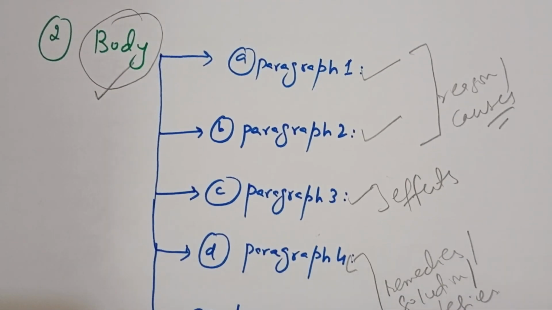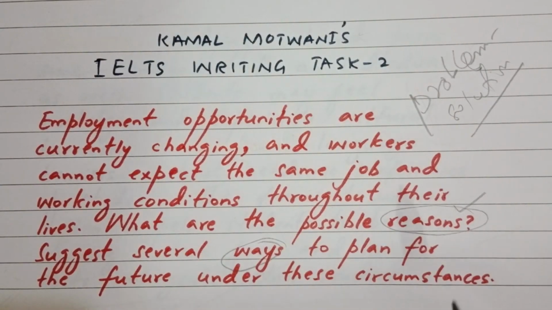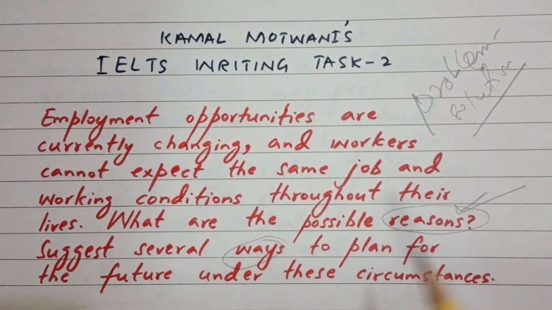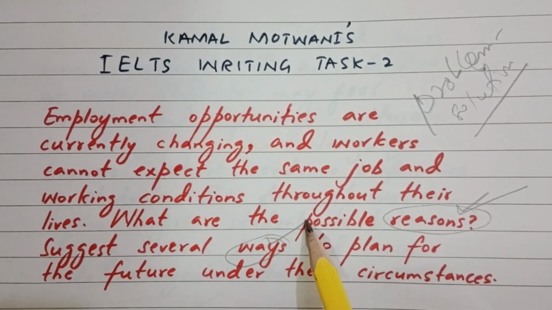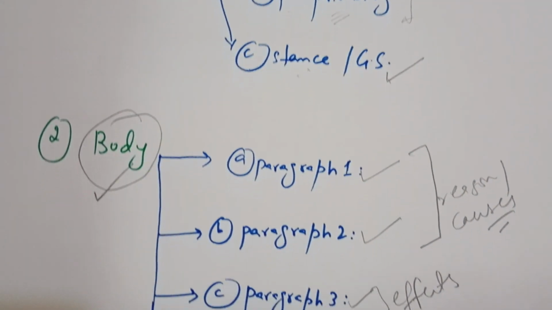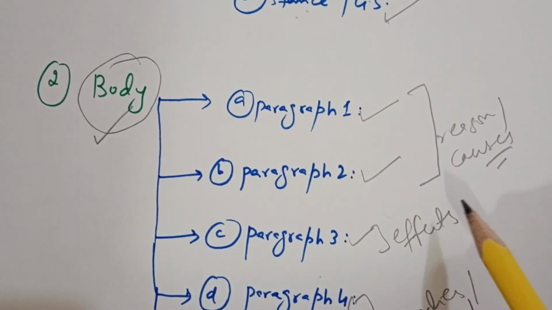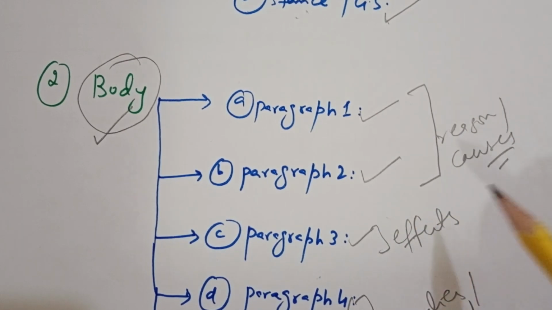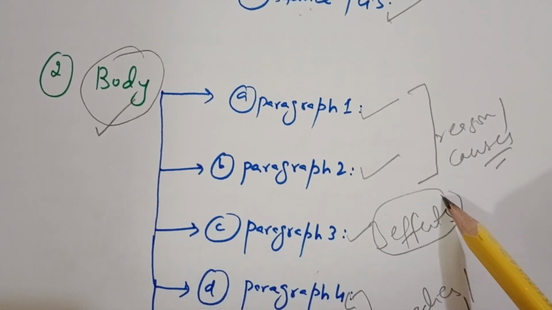Now you might have observed that the examiner asks you for the reasons and the ways or strategies, but why have we jotted down a separate paragraph for effects?